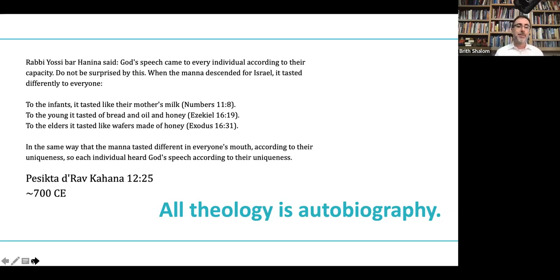To the young, it tasted like bread and oil and honey. To the elders, it tasted like wafers made of honey. In that same way that the manna tasted different in everyone's mouth according to their uniqueness, so each individual heard God's speech according to their uniqueness. So you can say God is all and one, but God has different faces for what we do in our lives and what we need from God.